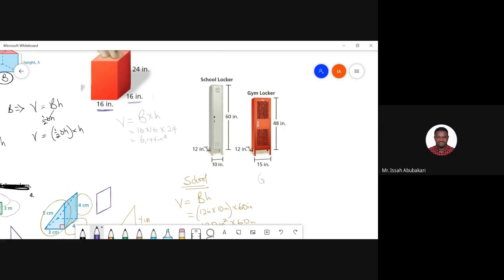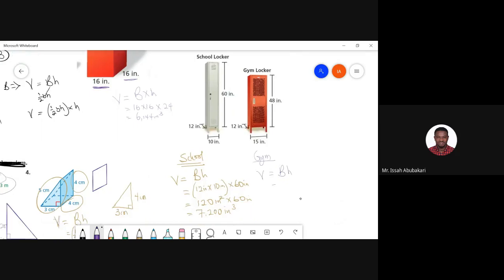Now let's solve for the gym locker. The gym locker is going to be calculated using the same formula: base area multiplied by height. So at the end, we are going to have 12 inches multiplied by 15 inches, and that will be the base area. We multiply that by the height, which is 48 inches.